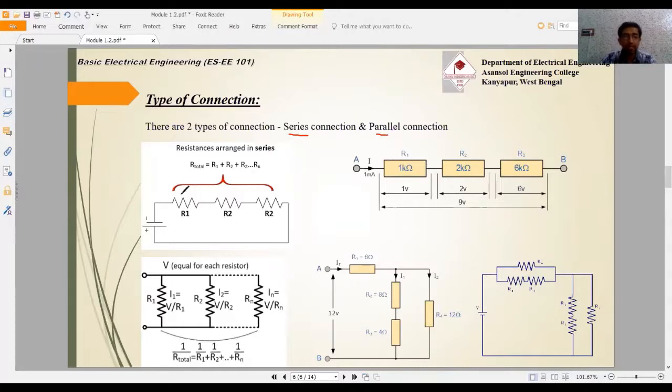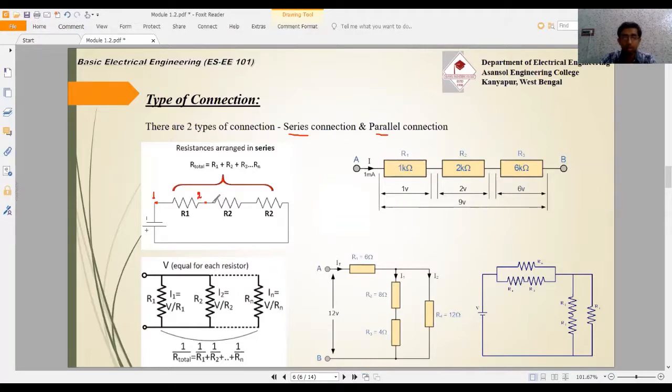What is series type? Series type connection means one element, its end is connected with the first terminal, or prime terminal, of the second element. Here you can see that for R1 this is one terminal, this is the second terminal.